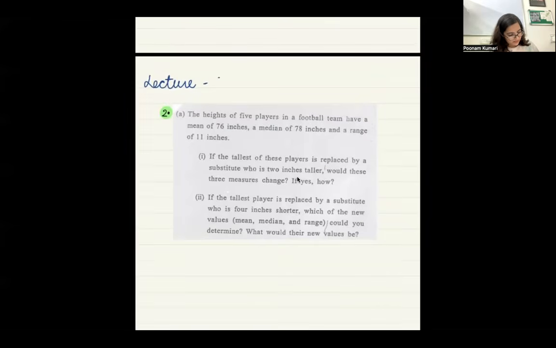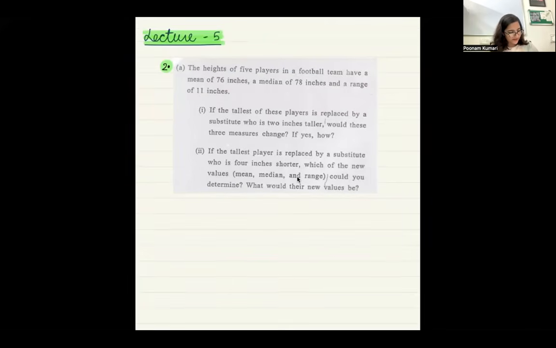Yeah, I think it's 5th. All right, so let's read the question and see what we have to do here. You keep your notebooks and pens ready because we'll do it together. Let me read the question then.